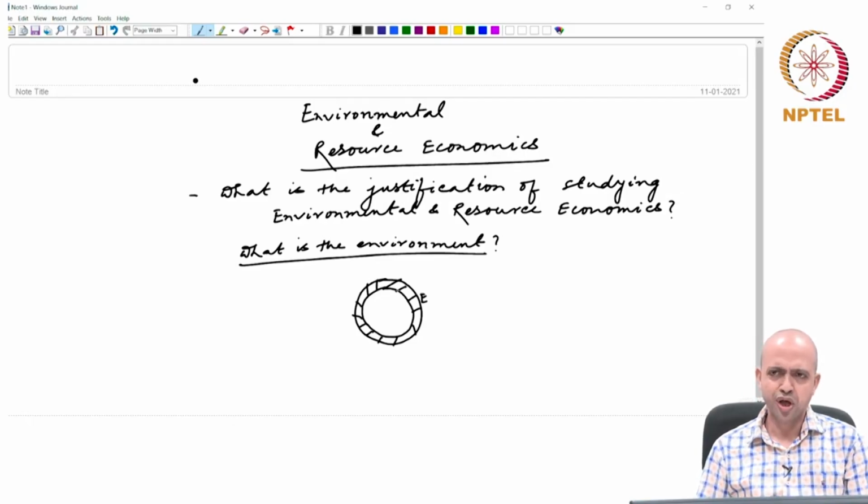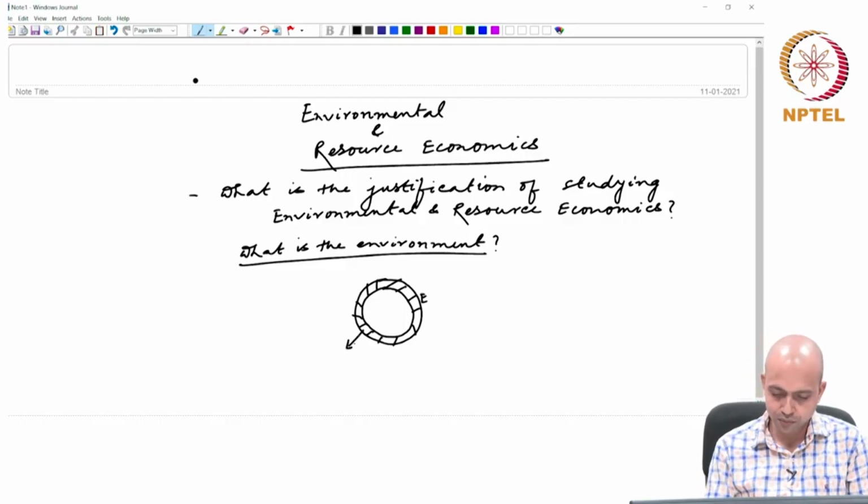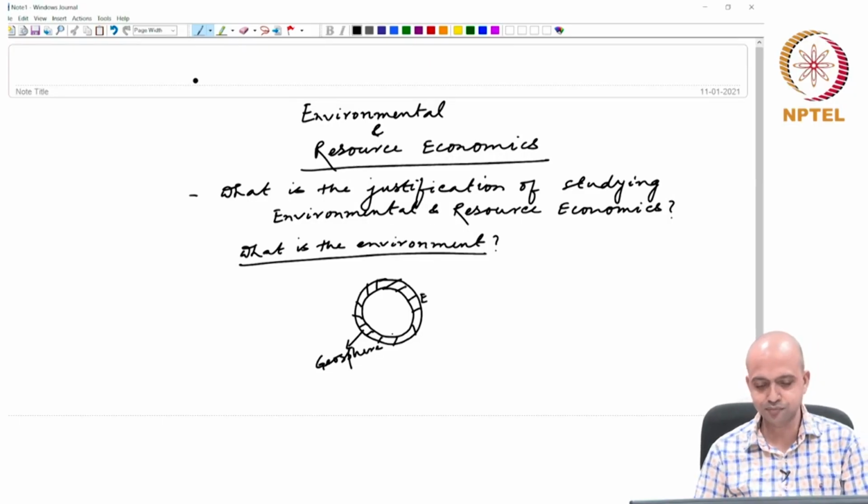Probably in your 8th or 9th standard environmental studies in school, all of you have studied it. The inner layer of the earth, where we get the deposits of all valuable minerals, is called the geosphere.